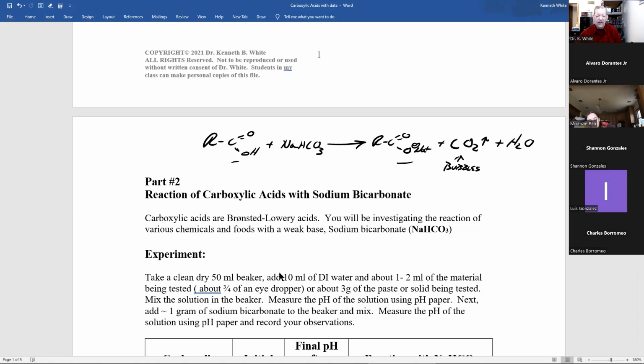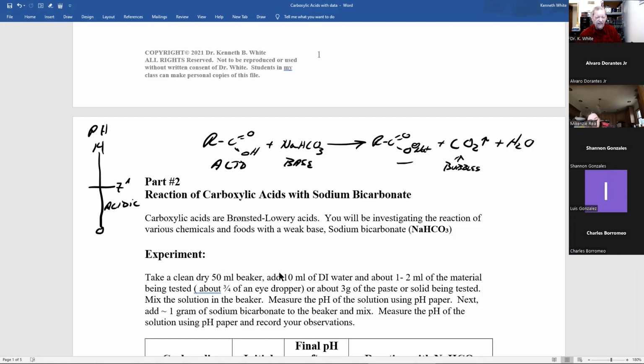Now, when you add an acid with a base, what should happen is the pH increases. Remember, pH is a scale going from 0 to 14. Below 7, the solution is called acidic.